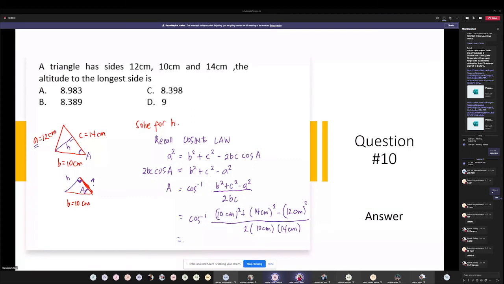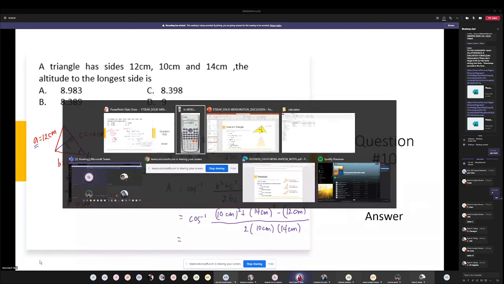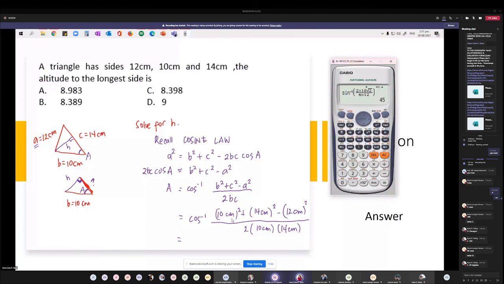Usually if the equation is already too long and we are very tired to put the units, as long as the units are consistent, everything should be in centimeters. So just double check that we don't want to include the units in the equation. But it would be advantageous if you put the units so that you can check whether your equation is correct or not.